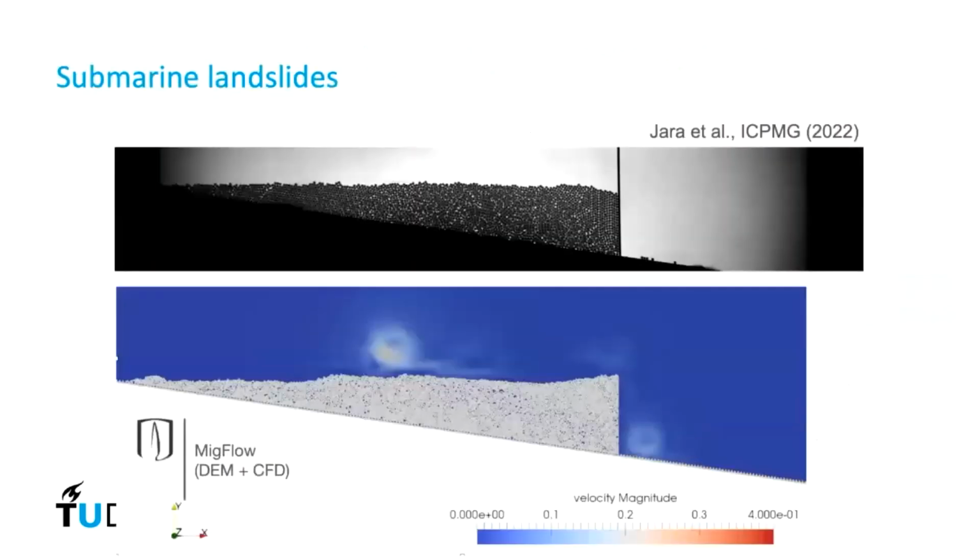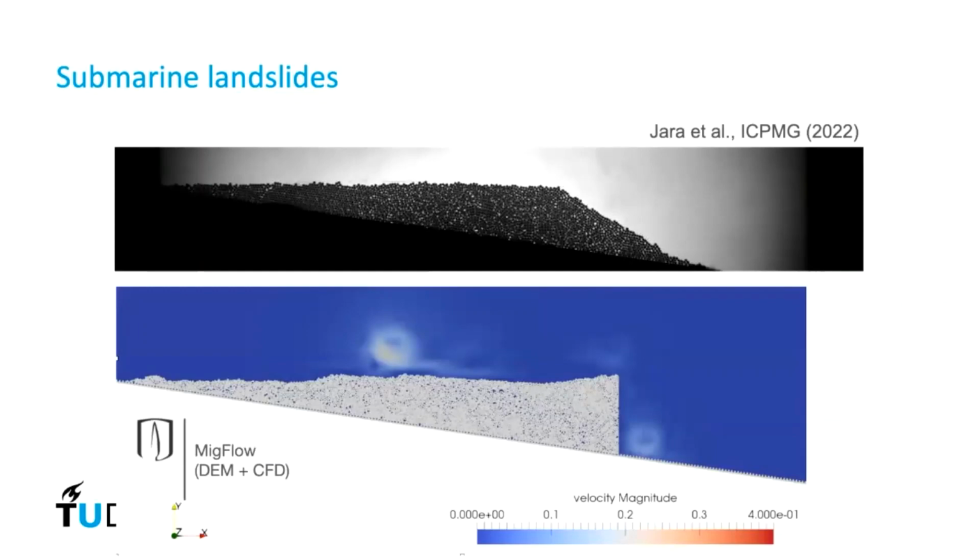Another example I want to add here is the study of submarine landslides in the centrifuge or outside the centrifuge. Here you see work we performed in my previous position at the Universidad de los Andes, where we were interested not just in how submarine landslides can evolve, but also how far they will reach.